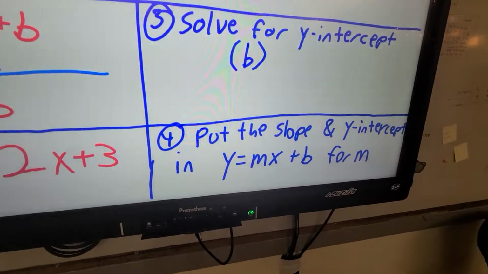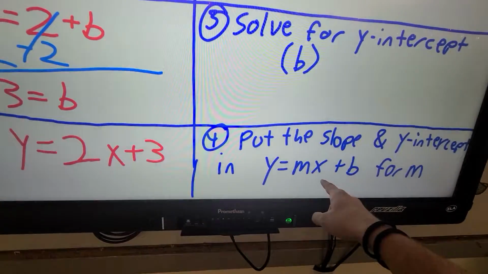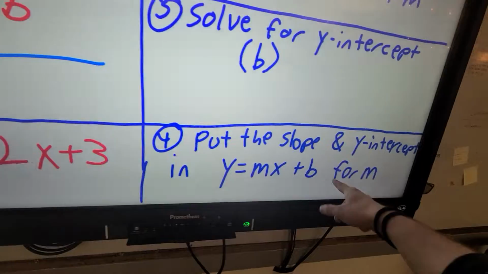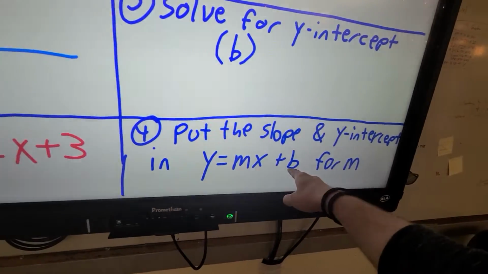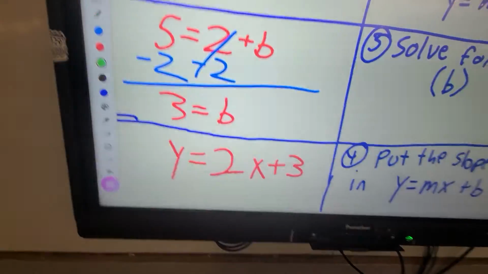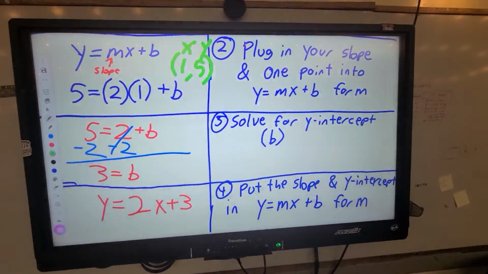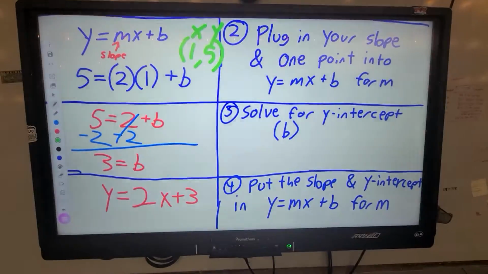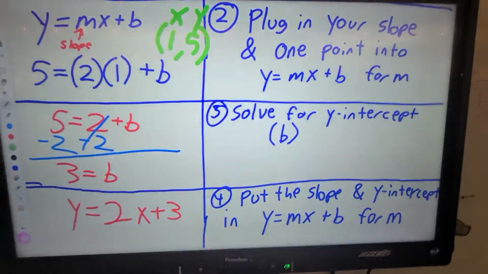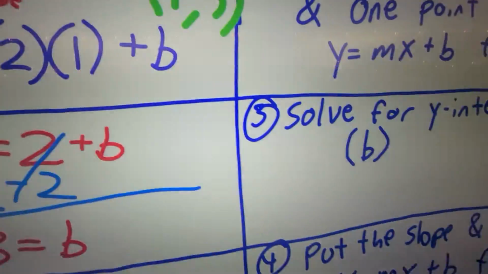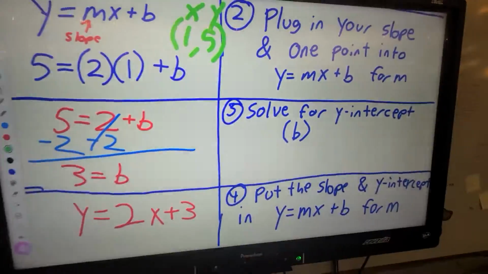So for my slope, we're going to put the 2 back in, and for the y-intercept, the letter b, we're putting in positive 3 because that's what we got. That is the entire process. It doesn't really get any harder than that. The only thing that is kind of hard that I've been noticing some of you struggling with is figuring out the slope. This is just number 1 from our homework tonight.